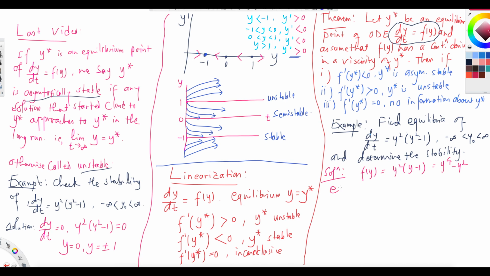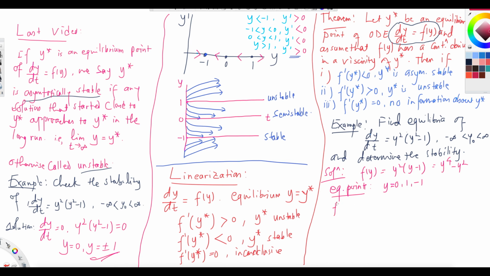So what are the equilibrium points? Equilibrium points are y equals 0, 1 and negative 1. We found that already. Just set that right side equal to 0 and solve for y.